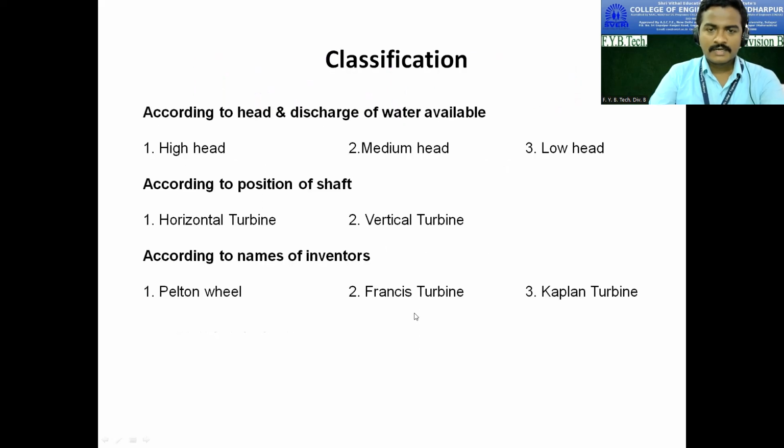Then put the next heading, classification. On the classification, there are three factors considered. Point number one, according to head and discharge of water available. Write down.